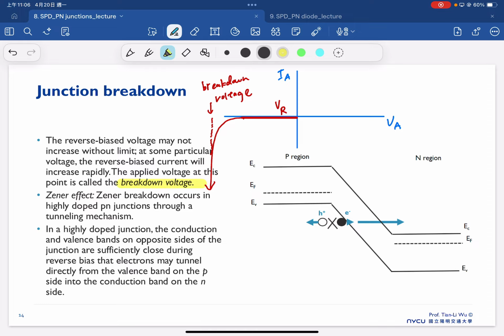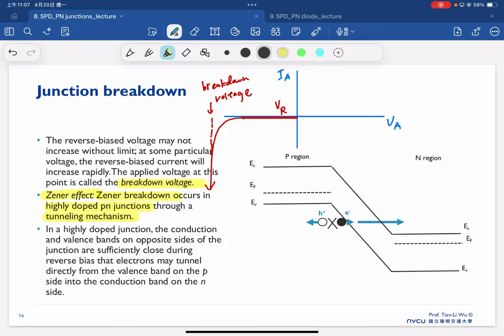And there are several different mechanisms related to breakdown voltage. The first one is called the Zener effect. Zener breakdown occurs in a highly doped PN junction through a tunneling mechanism.